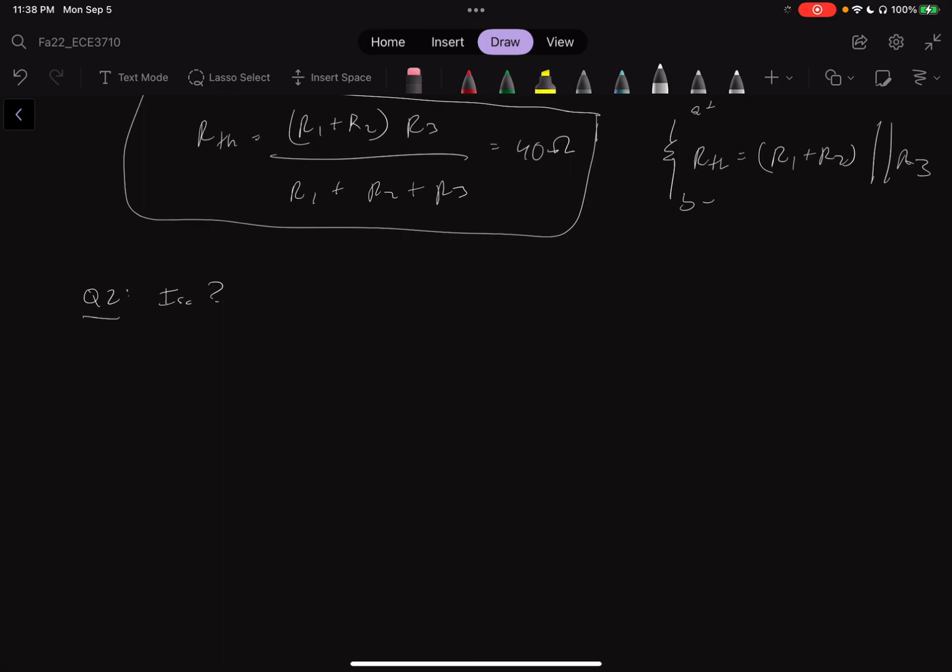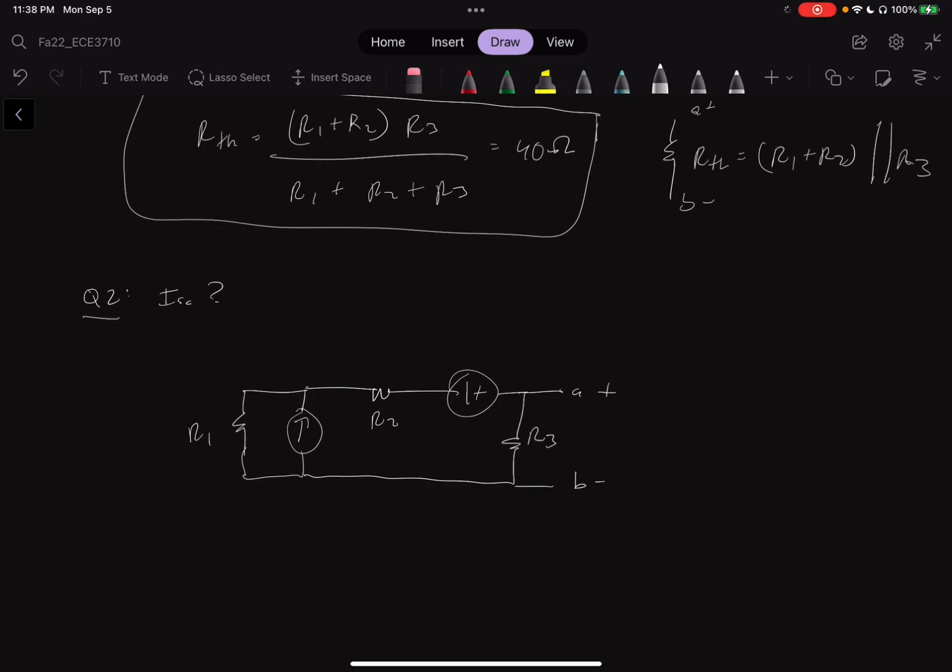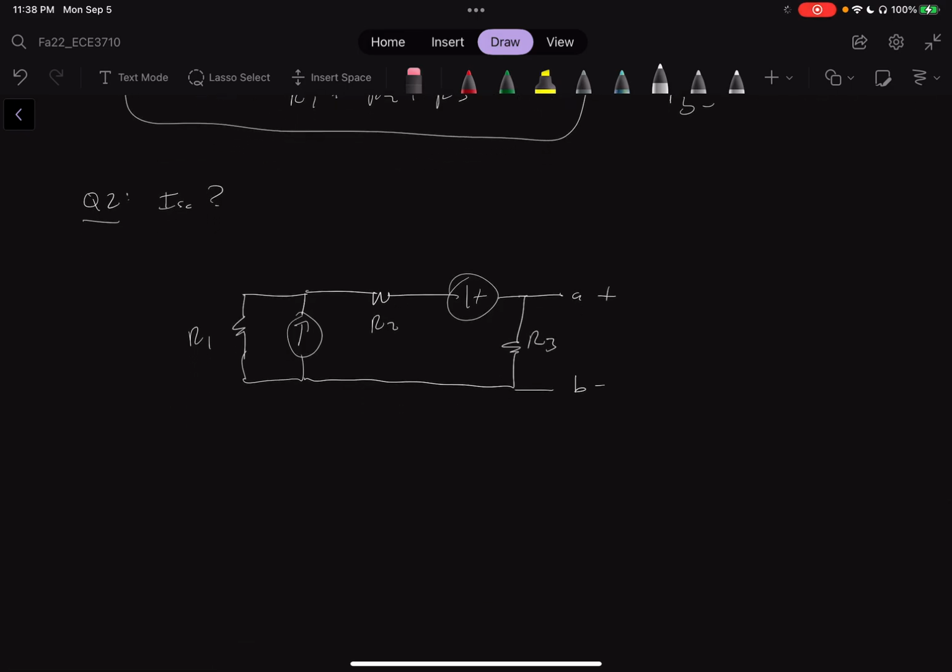Now, let me redraw the circuit. So we are solving for the short circuit ISC.